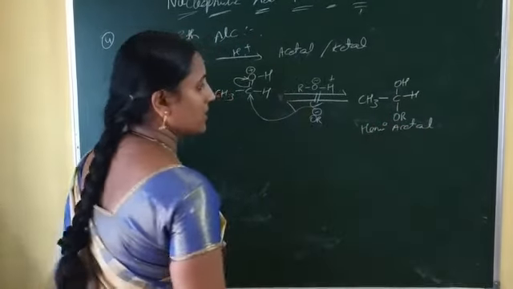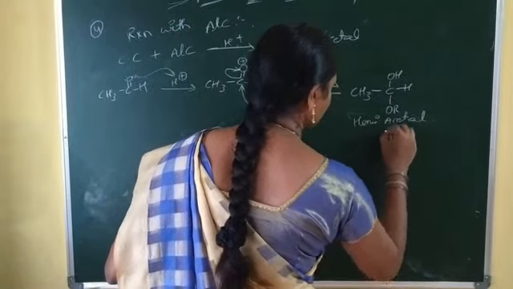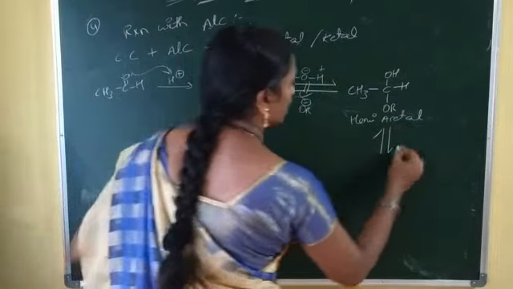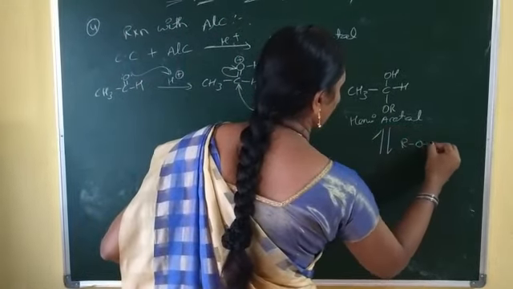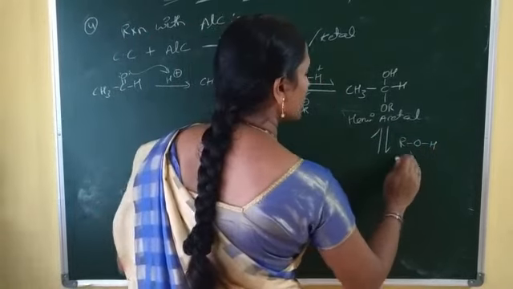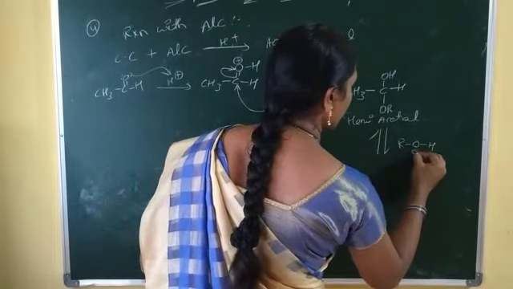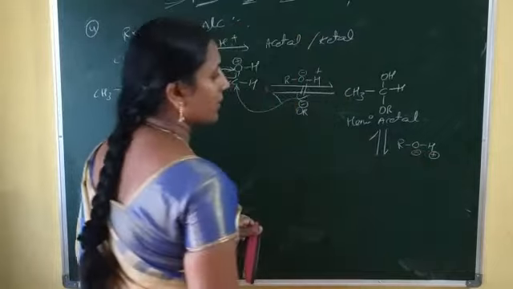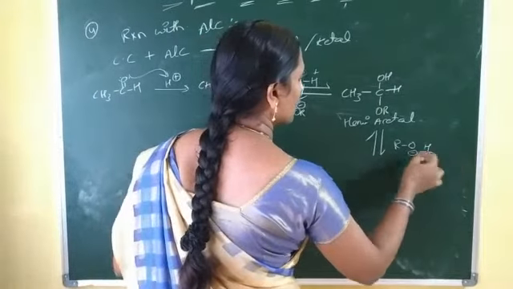Again this compound is treated with another mole of alcohol. Again ionization of alcohol gives OR minus and H plus. This OR minus is acting as nucleophile.